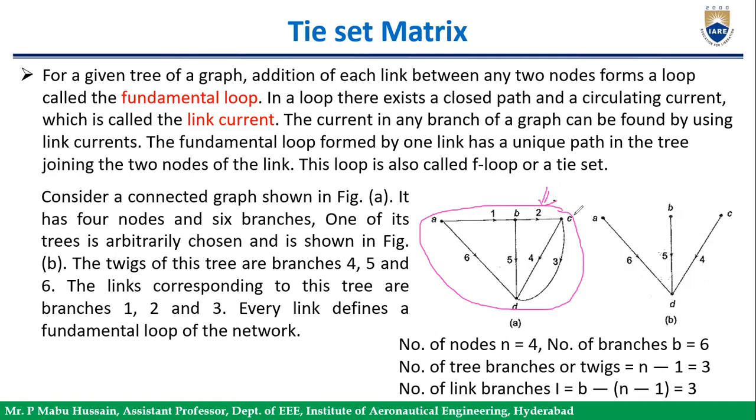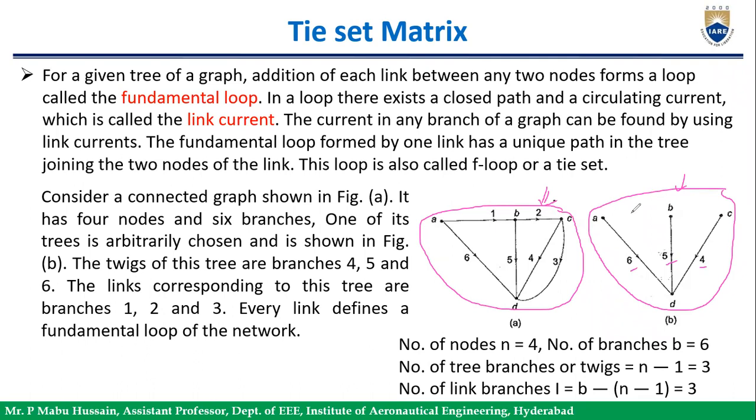Arbitrarily, here we are selecting one tree, which has 4, 5, 6 branches. If you observe this tree in the second picture, it has all the nodes of the original graph A, B, C, D, but you are not having any closed loop. So now this is a tree.